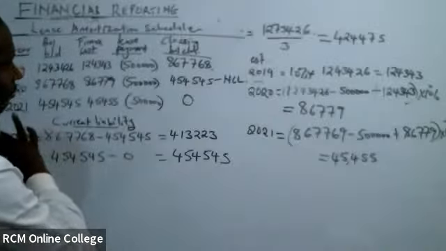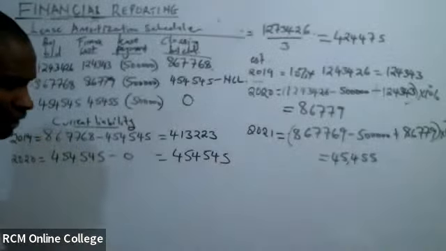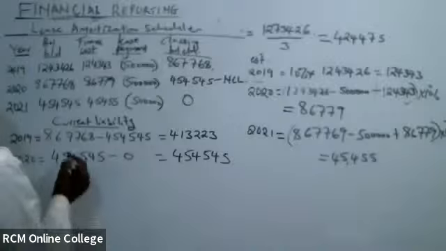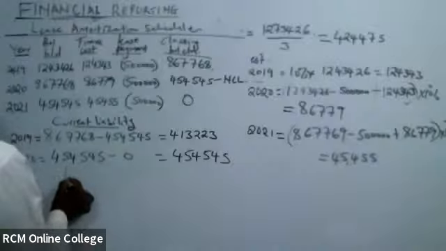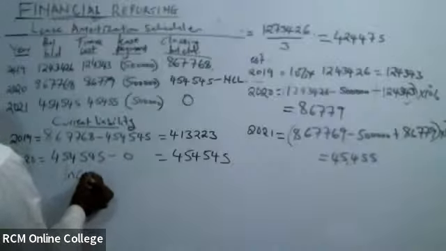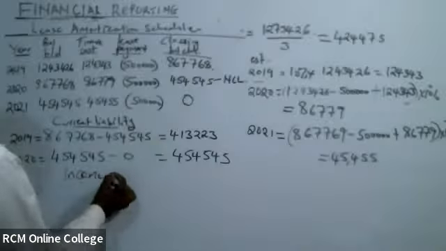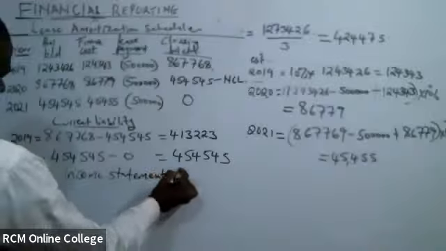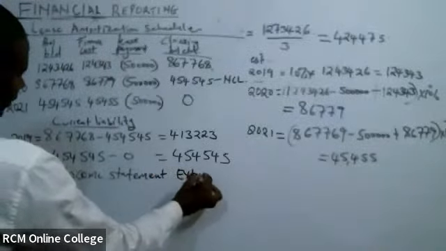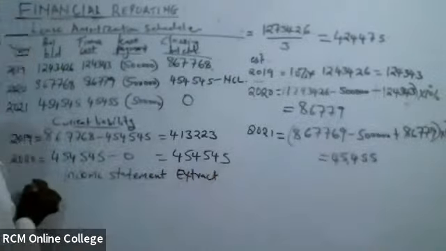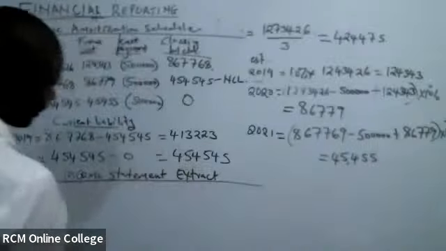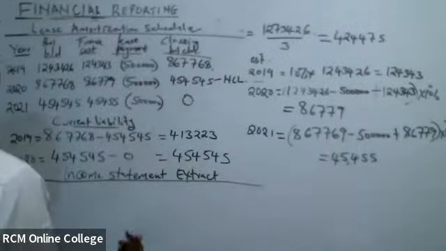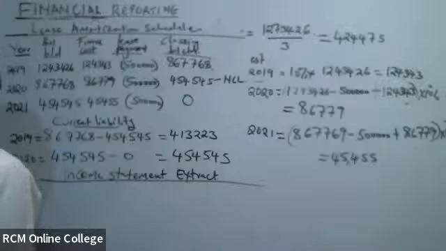Now, I think we have done any other working that we need. Let's look at the income statement extract. An extract cannot balance, it's just that simple. It has just few elements.